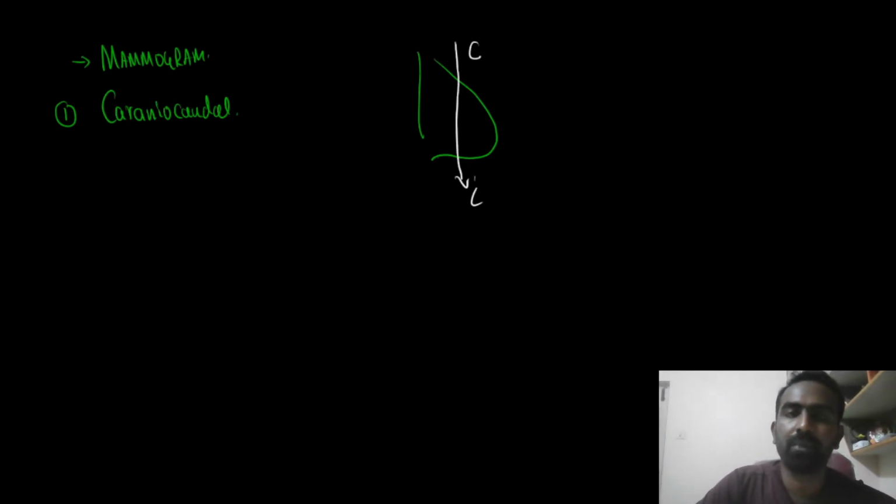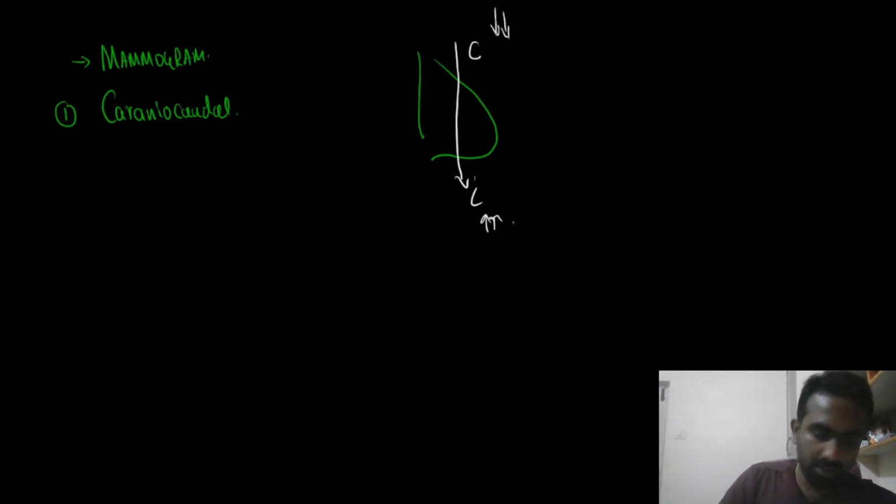Craniocaudal view. So let's say this is the breast. It is imaged from above downwards. The X-rays are sent from above and received from below. That is the craniocaudal view. What is the importance of the craniocaudal view?